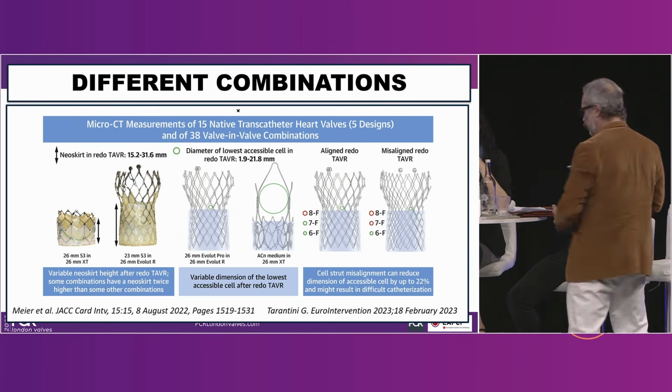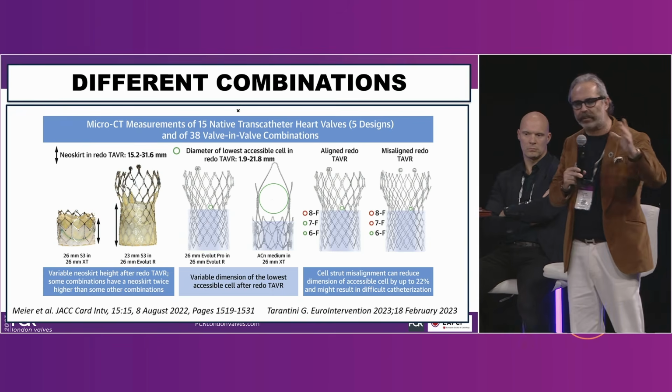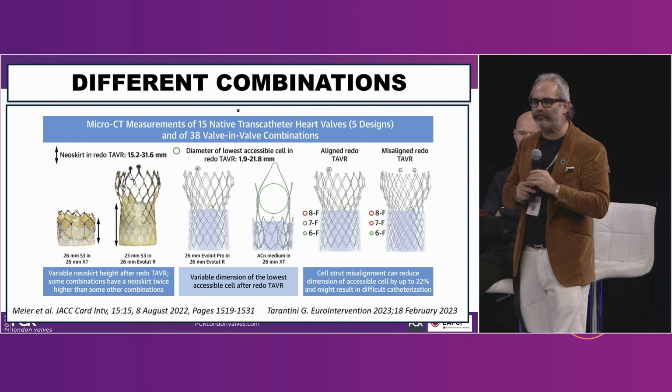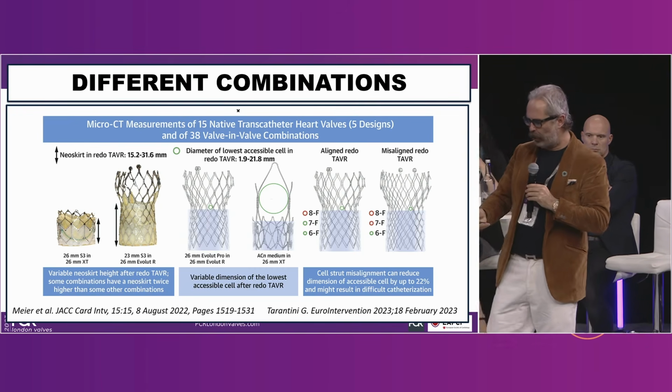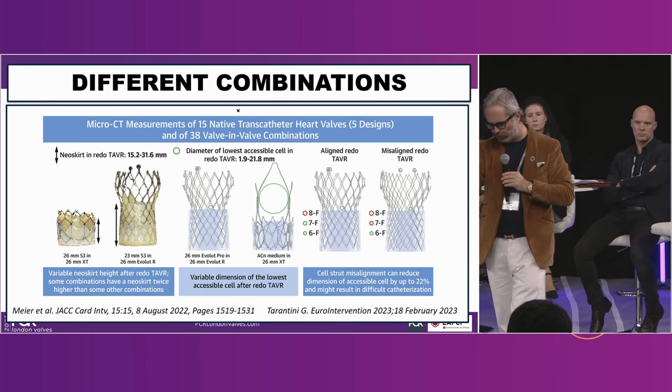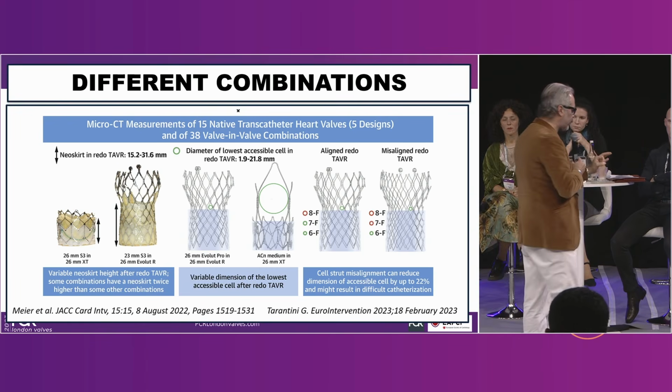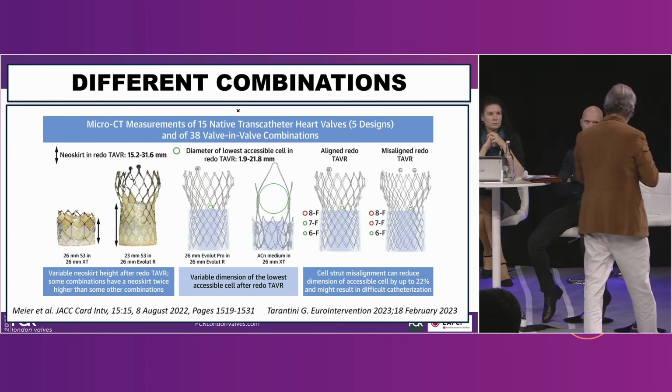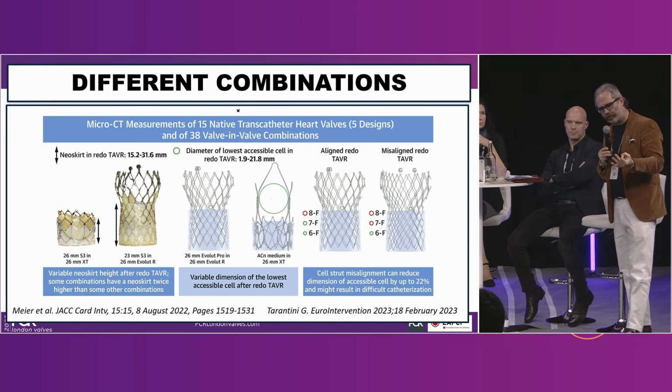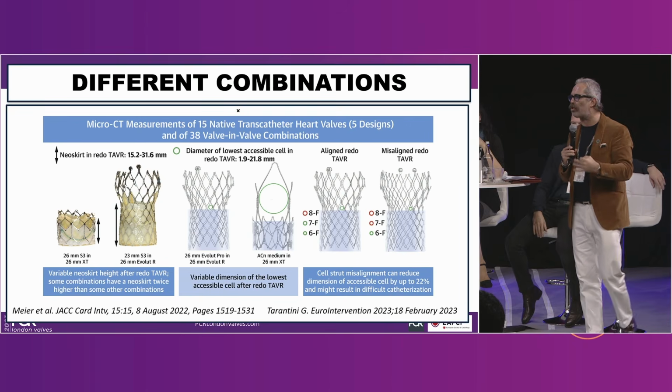It's not so easy because, among the tall valve frames, we have a valve like the Accurate with a big hole, the one in the middle, that is 2 centimeters. That is huge in terms of facilitating the coronary cannulation. There are others that have more closed cells.